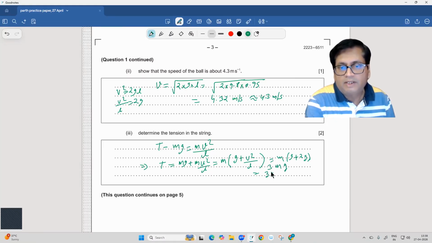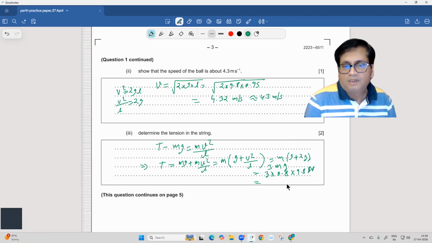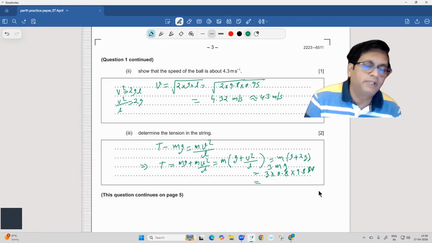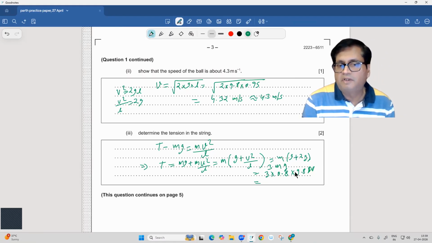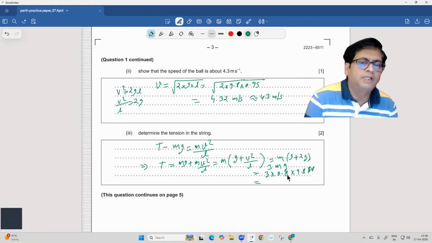Which is like 3 into mass was 0.8 and g is 9.8. So that is the tension in newtons. 3 into 0.8 into 9.8, nearly 30 into 0.8, nearly 24 newton, a little less than that.